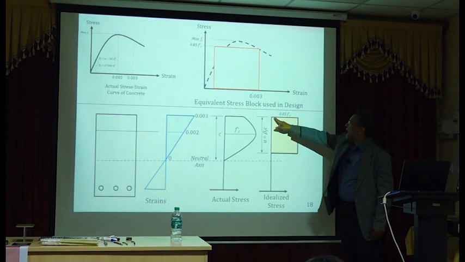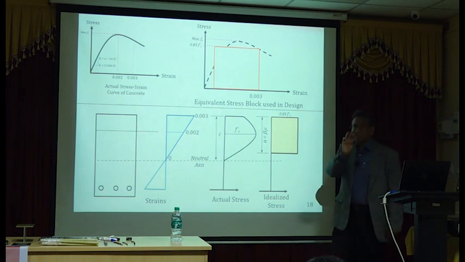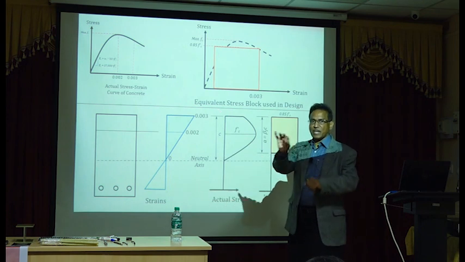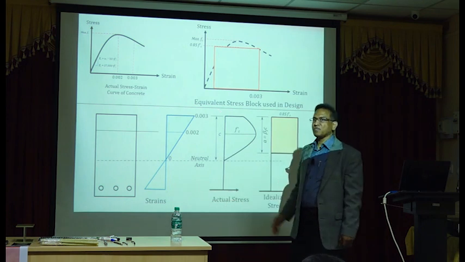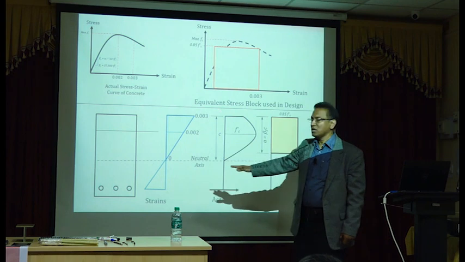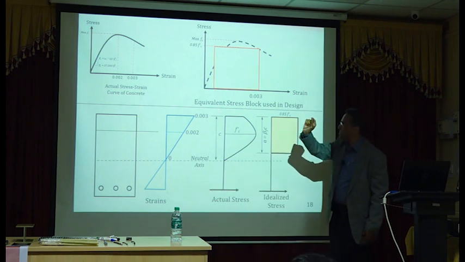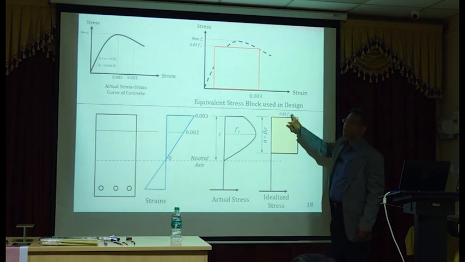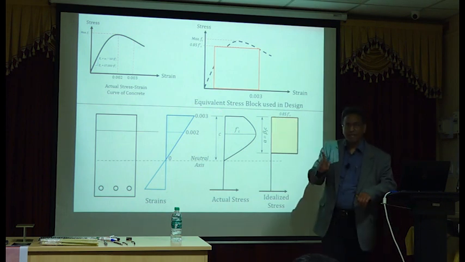Here we have average stress. These are two or three things. If you can remember, you don't even need a book. You can just calculate everything without a book. You just have to remember a couple of things. Okay, one of those things is the average stress is 0.85 f prime c.